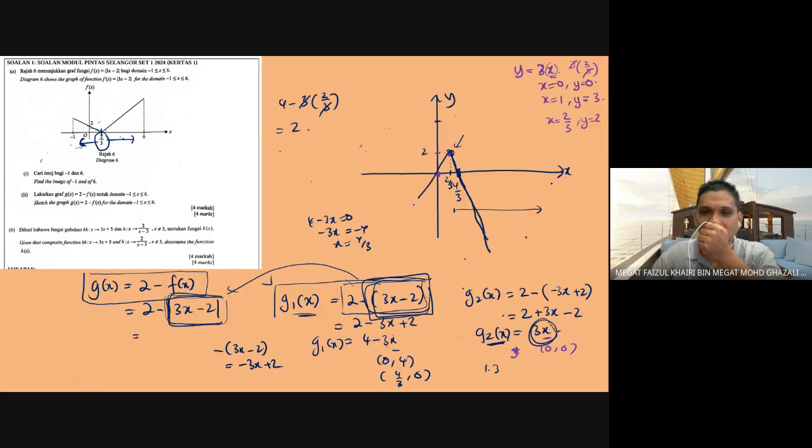So it means that this graph is a V shape, something like this, from here to here.